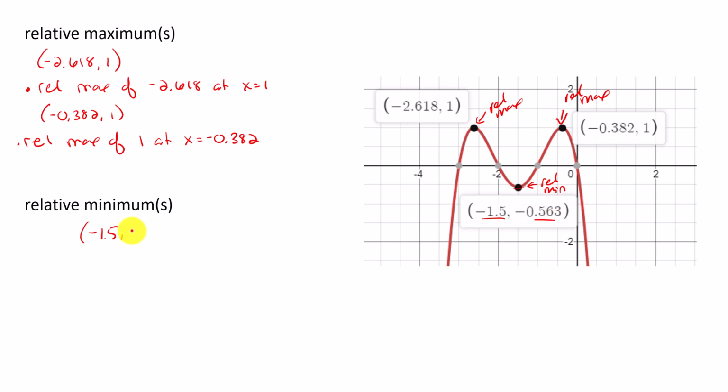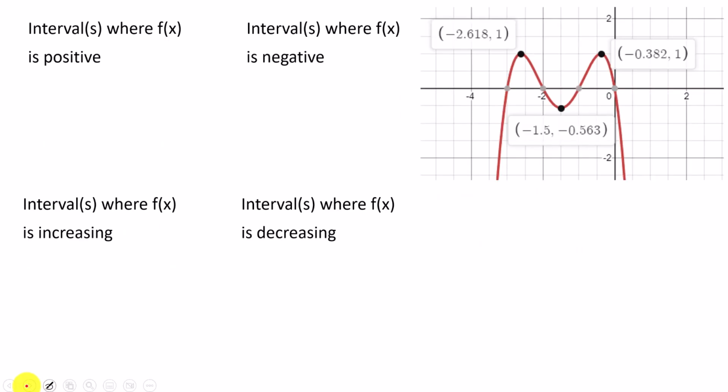So negative 1.5, negative 0.563. So I would say I have a relative minimum of the y value, negative 0.563 at x equals negative 1.5. And this is the way you will be writing it unless I specifically ask you for the coordinates. Okay, I think everybody should be pretty good with those.